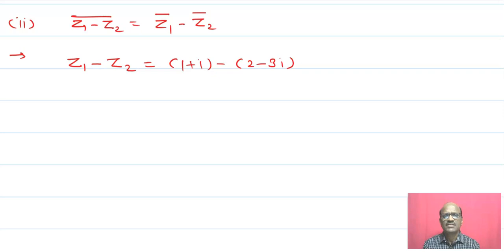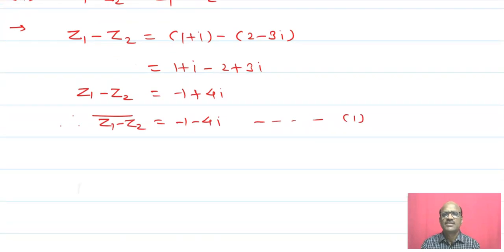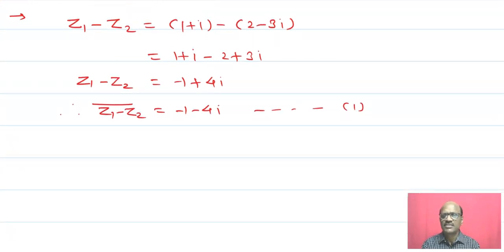Next, subtract z1 minus z2, their subtraction, and find out their conjugate. That is minus 1 plus 4i, and take their conjugate. Therefore it is minus 1 minus 4i. This is equation number 1.